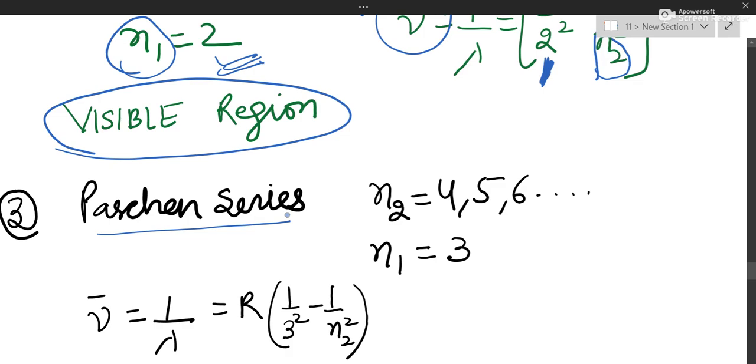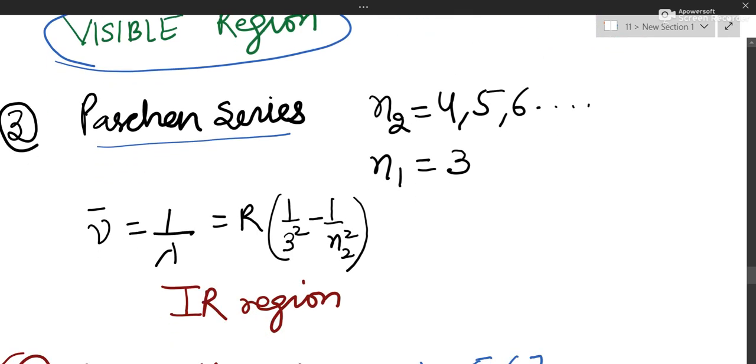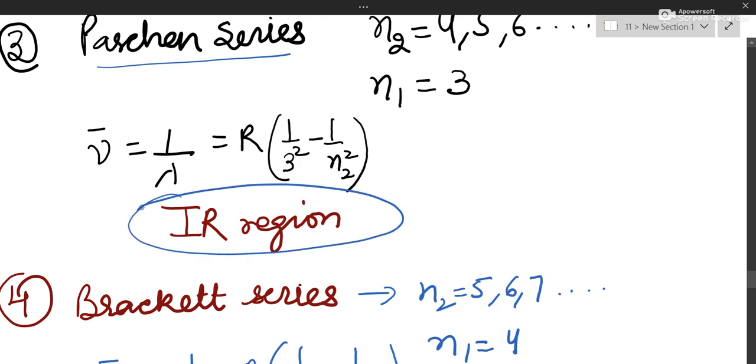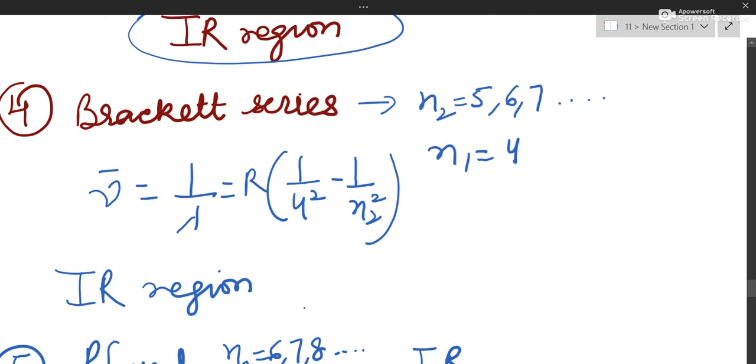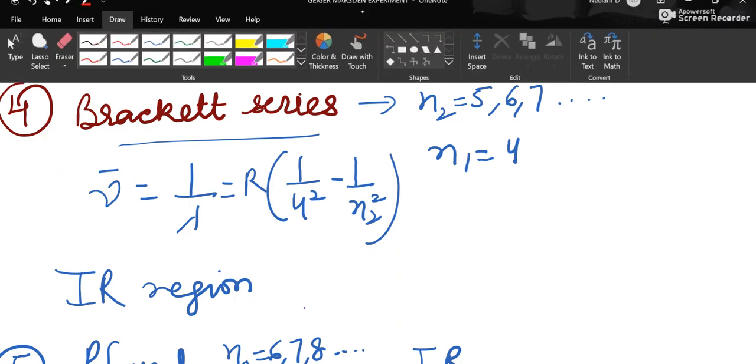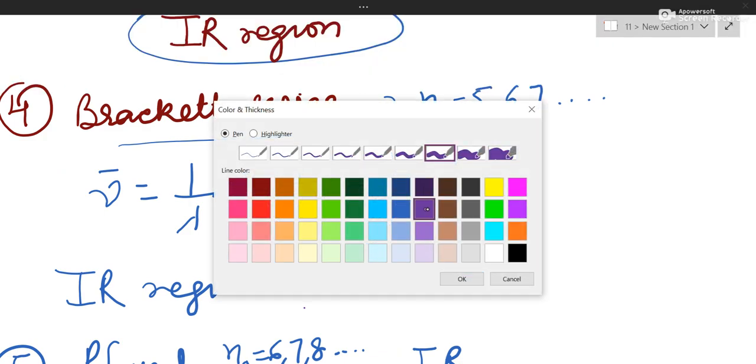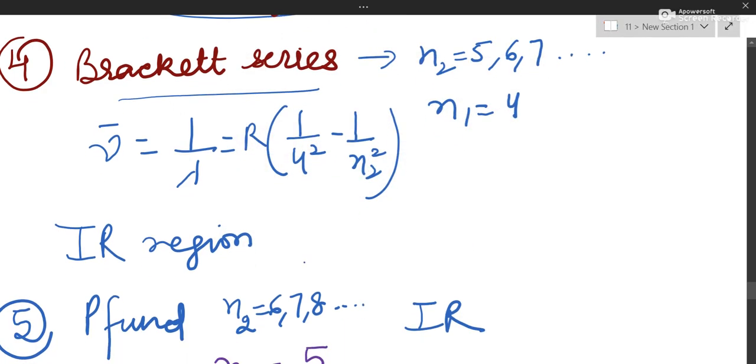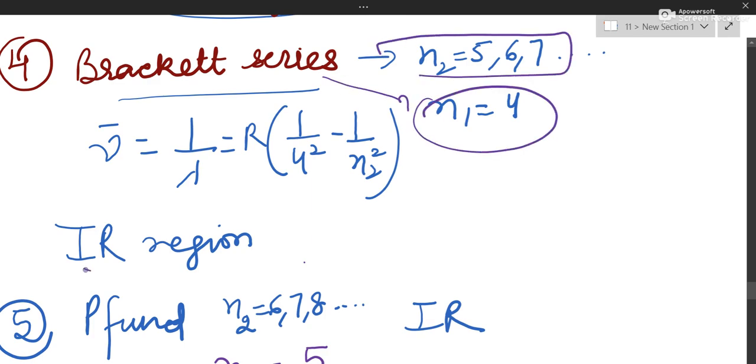Similarly the Paschen series, it goes like a symmetry. You can learn it easily, but the order needs to be maintained. The Paschen series lies in the infrared region. You'll have to memorize all. Brackett series, it is going by a scheme, so all can memorize. In the Brackett series you will be landing on this from any other higher state, and this lies in the infrared region. Similarly the Pfund series.